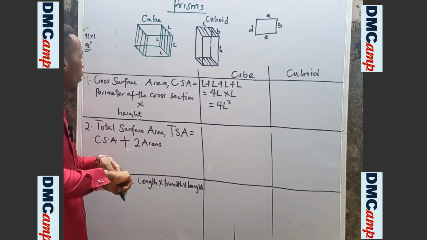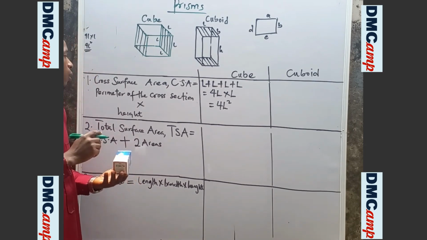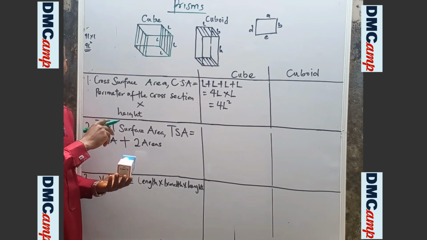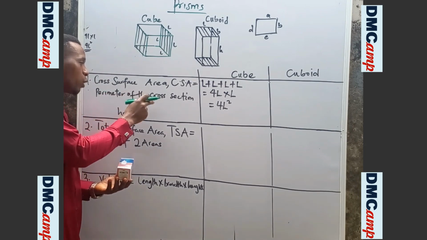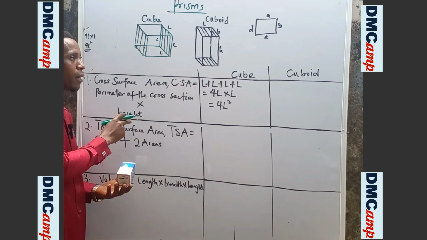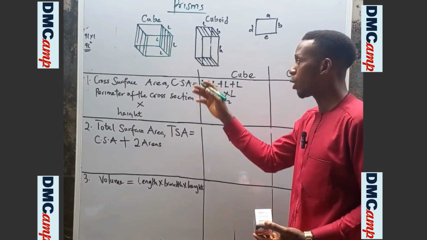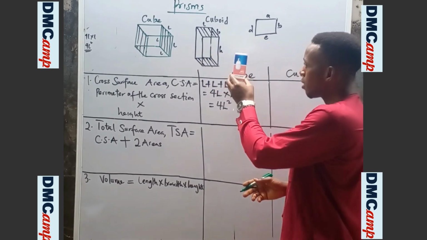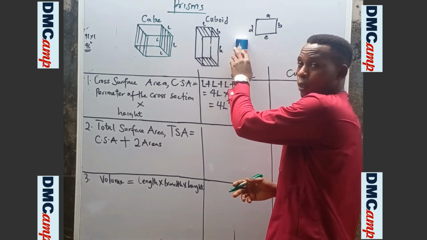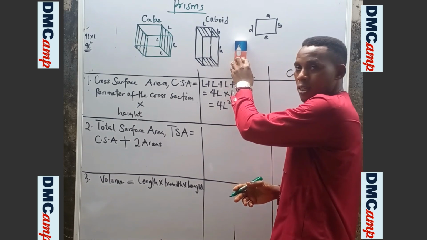Let's see how to get the cross surface area of a cuboid. Perimeter of the cross section multiplied by the height. Depending on how you position the cuboid, you can see this cuboid is positioned upright.